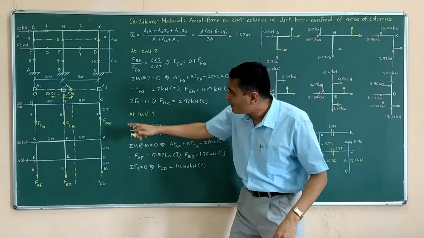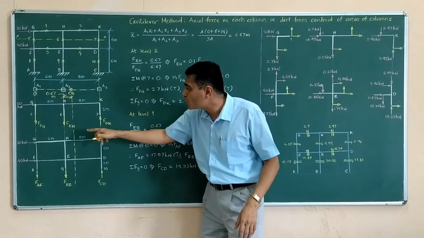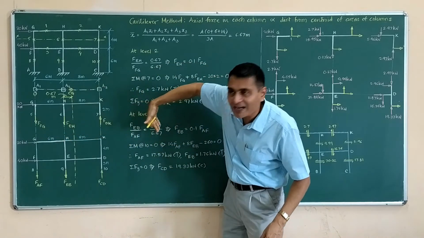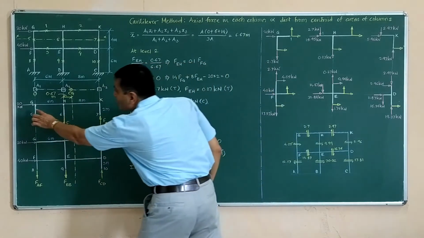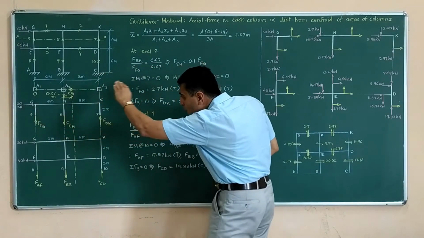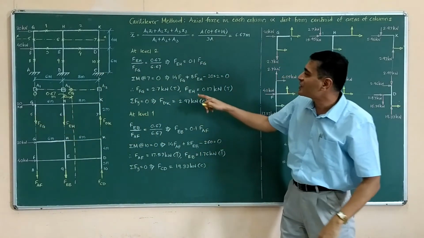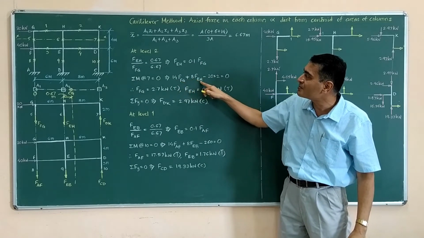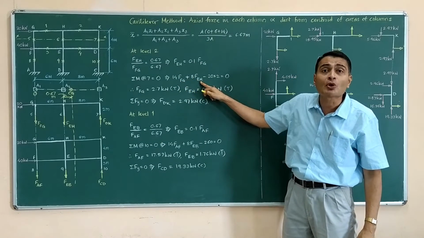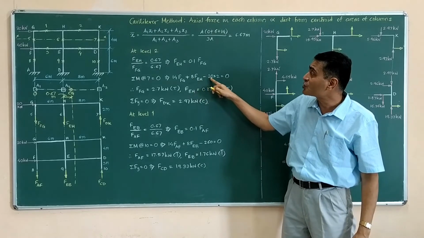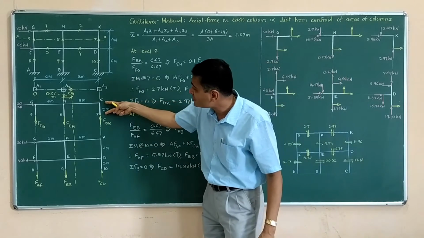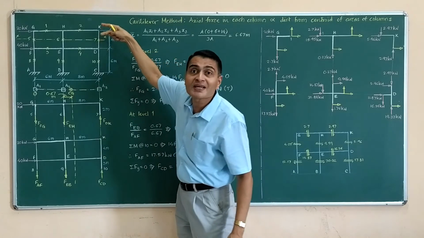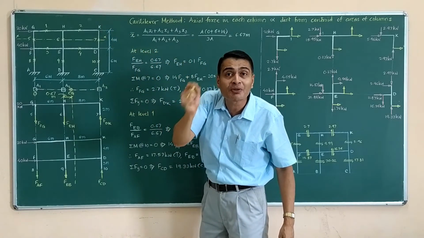So great, I am applying sigma M about 7 equal to 0. F of EH and F of FG are creating anticlockwise moment and 20 kilonewton is creating clockwise moment. That is my equation about 7: 14 times F of FG plus 8 times F of EH, positive because anticlockwise, minus 20 into 2. This distance is 2 because the total is 4. Our point of inflection is at midpoint 7.